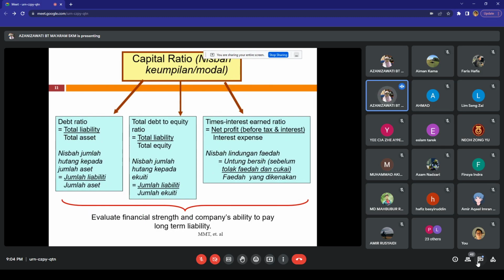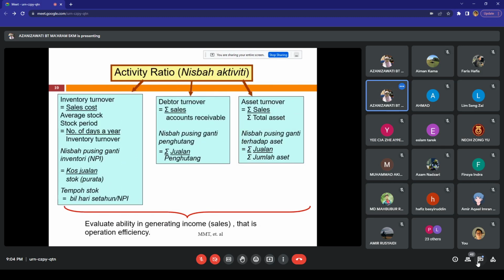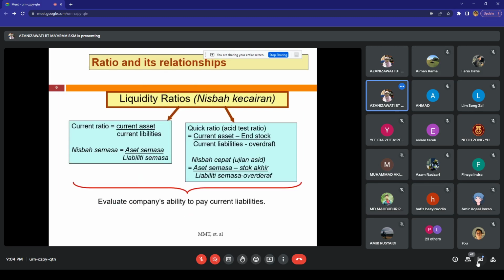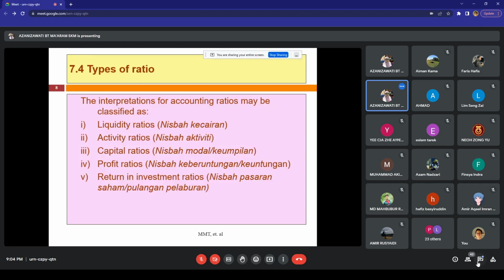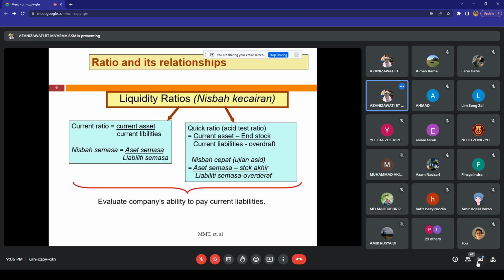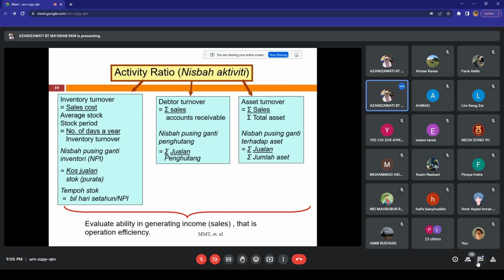Account receivable turnover. There is. Inventory turnover. Sales cost average stock, right.